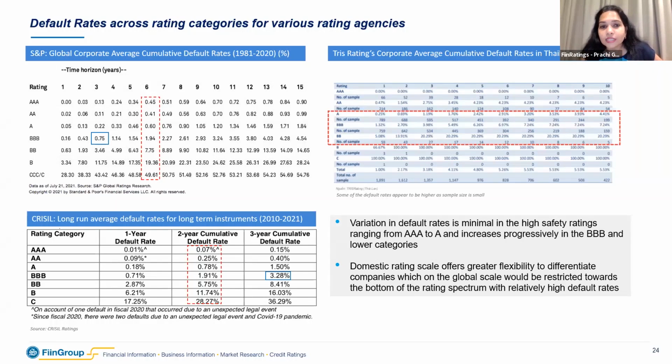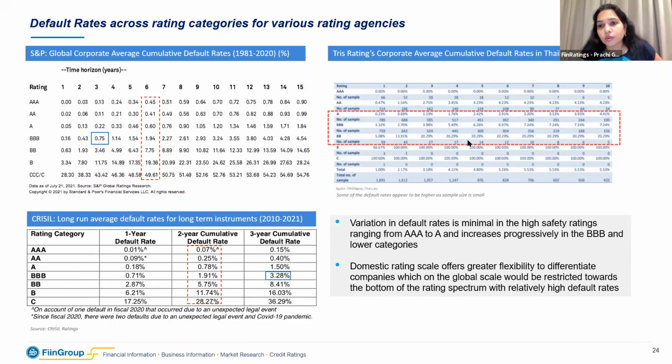However, this percentage of default progressively increases, and rightly so, because it really reflects the credit risk in the company as you go down the rating scale from a triple B to a double B to a single B.